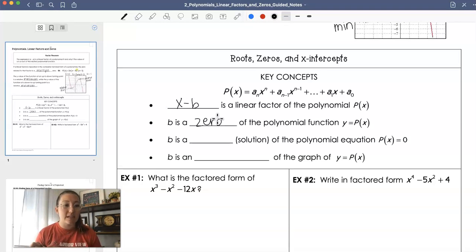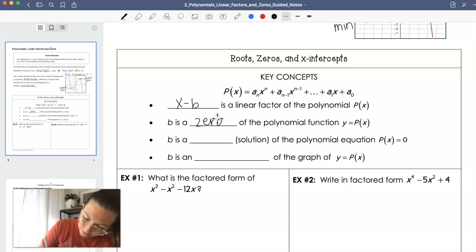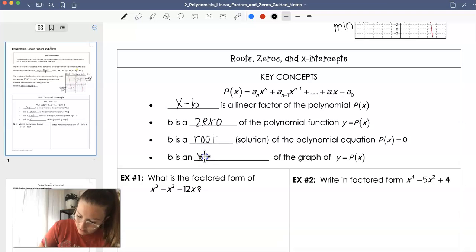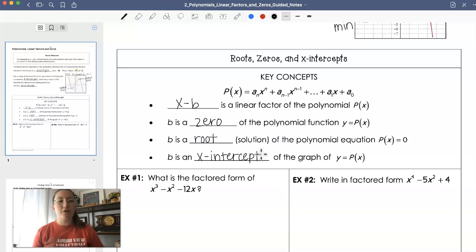Okay, zero meaning that it's going to go through the x-axis at that point. b is a root, or in other words, a solution of the polynomial equation when we set it equal to 0. And then b is an x-intercept of the graph y equals p of x.